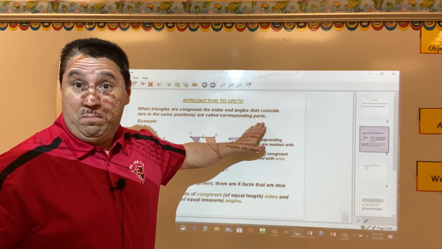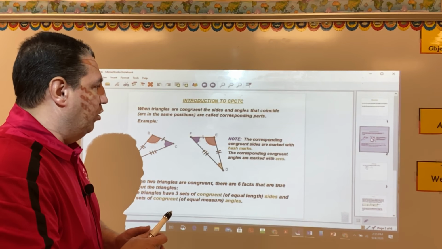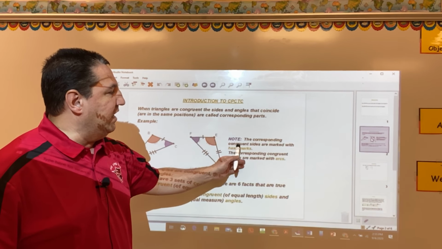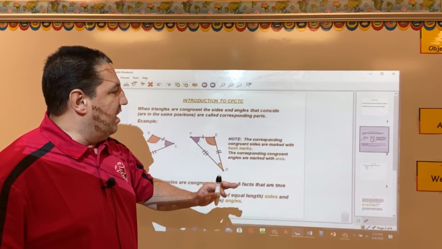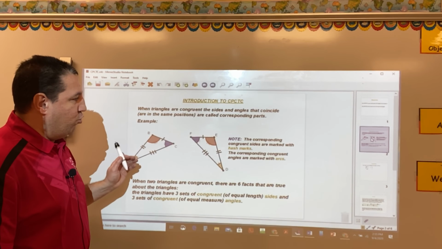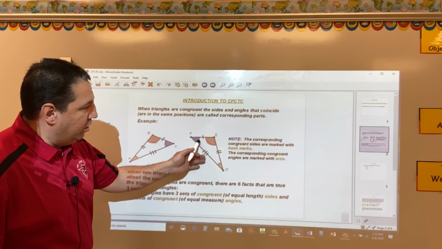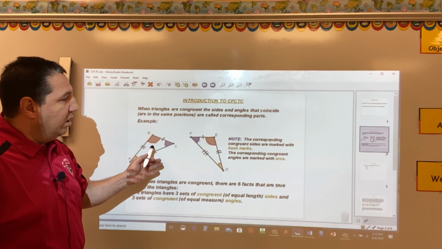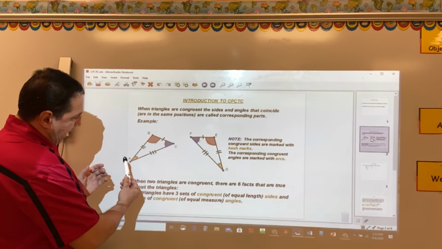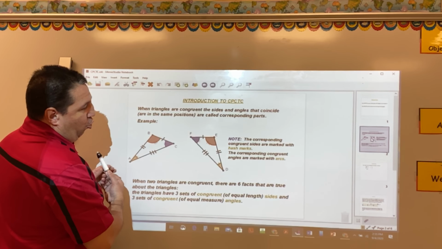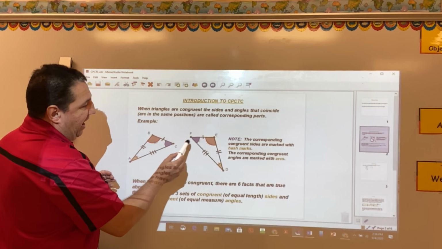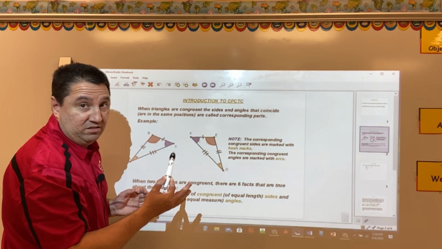The corresponding congruent sides are marked with hash marks, and the corresponding congruent angles are marked with arcs. As we can see, AB is congruent to ED. Why? Because they have the same number of markings.